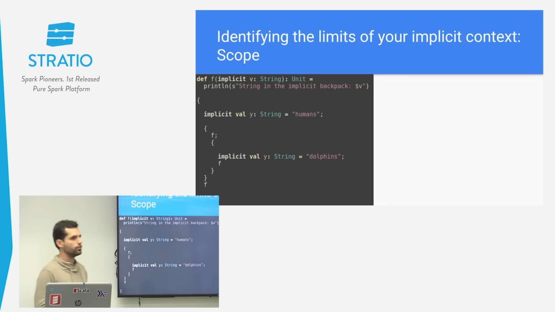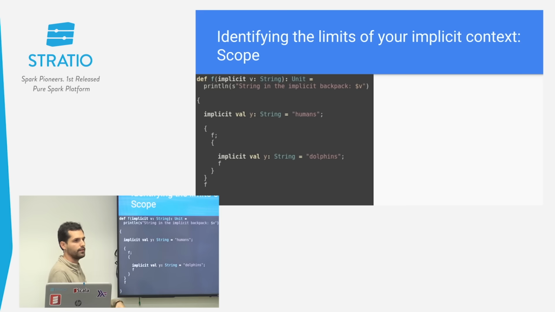What do you think it's going to show? You are not passing y to f, but can someone make a guess of what the output of this code will be? No, it won't fail, that's a good try. It won't fail because it's an implicit parameter, and the scope of the call to f is the same scope as this one.